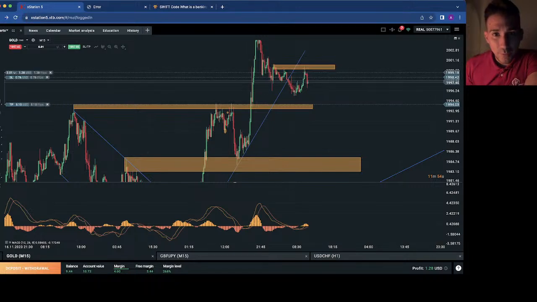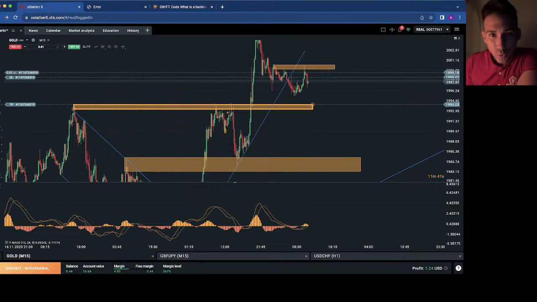Then after it breaks the neckline, sorry, of this area, marked here, it's most likely to go down to retest the actual zone that was most suitable for it to bounce.